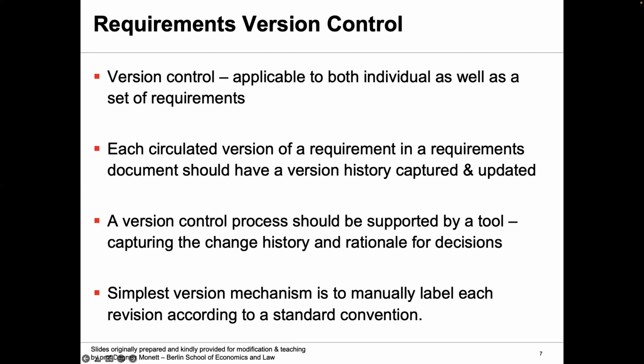The fourth point is that the simplest version mechanism is to manually label each revision according to a standard convention. So, like what you have done in your SRS document, because it's the first draft that you have prepared, you can write it as version 1.0 draft 1, right?